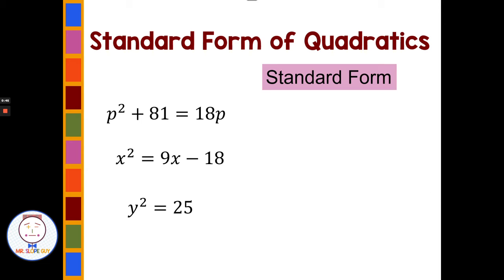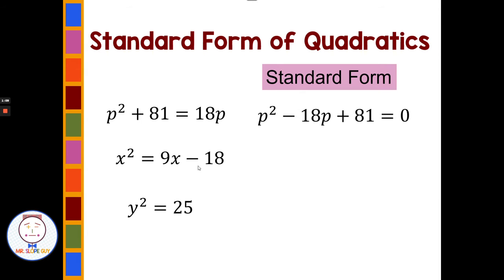So let's turn each of these quadratics into standard form. To get them in descending order equal to 0, I also like to have a positive a value for standard form. So p squared plus 81 equals 18p. I want to get this 18p to the other side. Subtracting 18p from the left side and the right side, I get p squared minus 18p plus 81 equals 0.